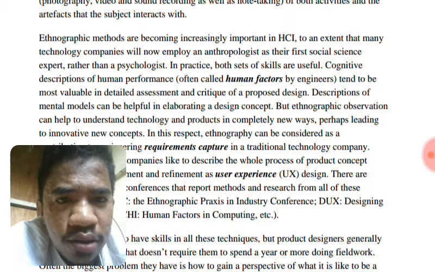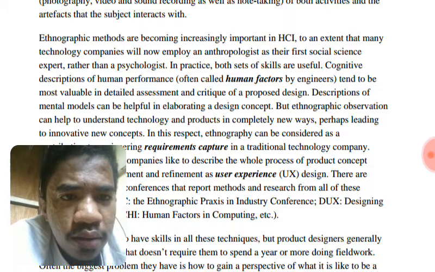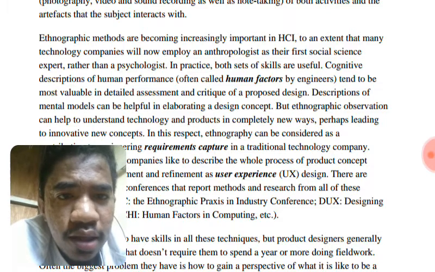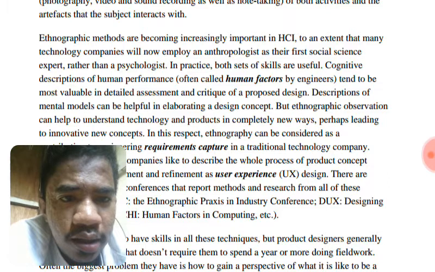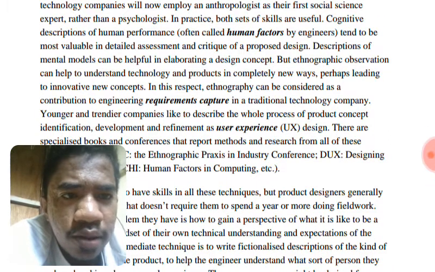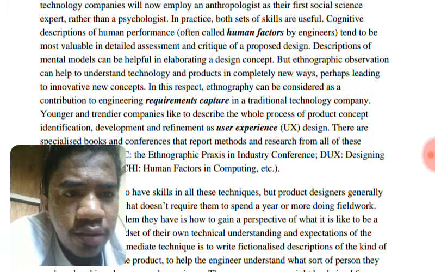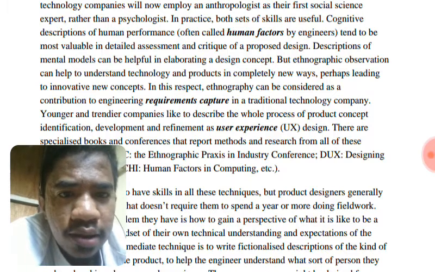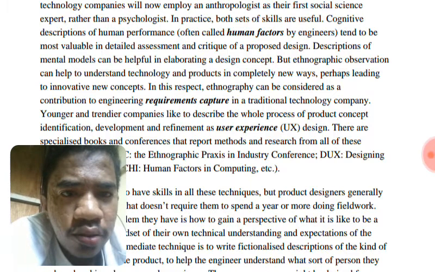Cognitive descriptions of human performance, often called human factors by engineers, tend to be most valuable in detailed assessment and critique of a proposed design. Descriptions of the mental model can be helpful in elaborating a design concept, but ethnographic observation can help to understand technology and products in completely new ways, perhaps leading to innovative new concepts.